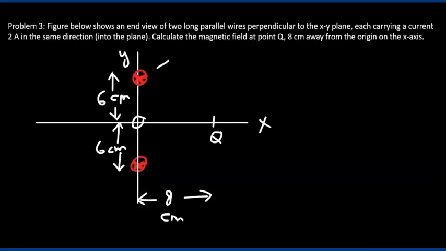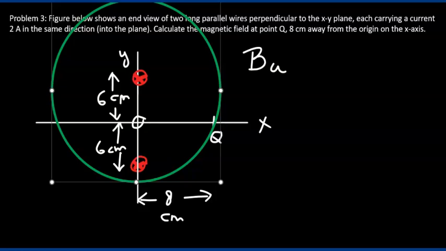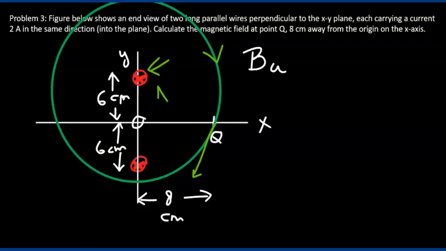Let's do the upper current. The magnetic field due to the upper current. Note this is just an approximate sketch. So at this point Q, the magnetic field due to this current will be heading in that direction because the entire field is going in a clockwise direction due to the direction of current going into the plane.